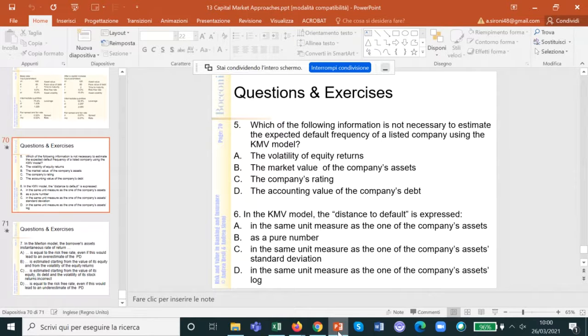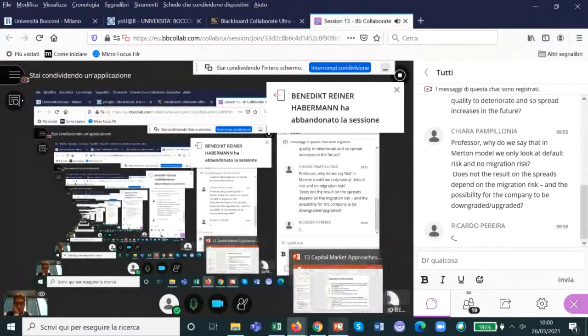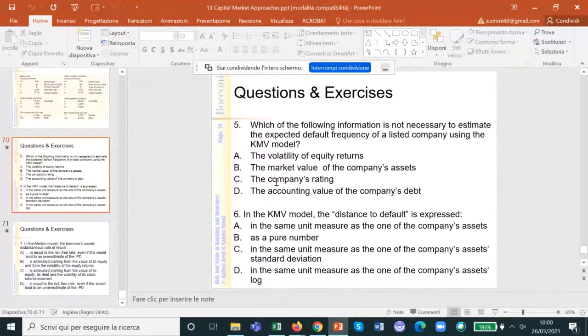What you don't need in the KMV model to compute the, come on. The correct answer is C. You don't need the company's rating, you need all the rest.